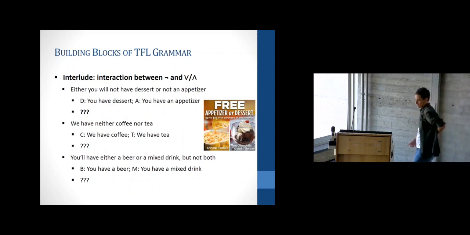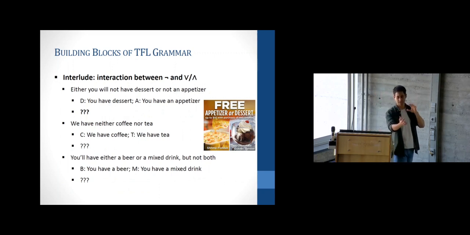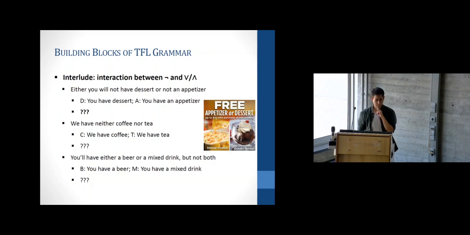Now, if D is you have a dessert and A you have an appetizer, how do we symbolize this entire sentence? What do you think? I think we use a wide negation scope, so negation, then the open bracket is D or A.